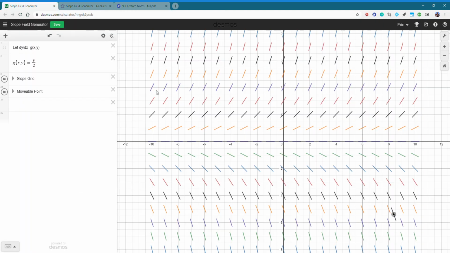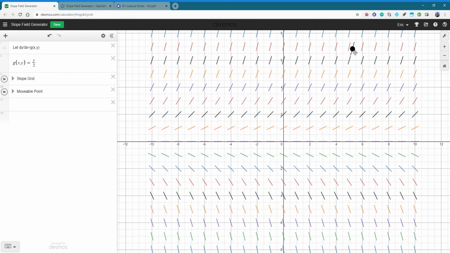If I bring that up here, we have our differential equation, y prime equals 1/2 y. And here we can see a more complete picture of the direction field. And here we can slide a point around and see at that point what the slope would have to be through our differential equation.